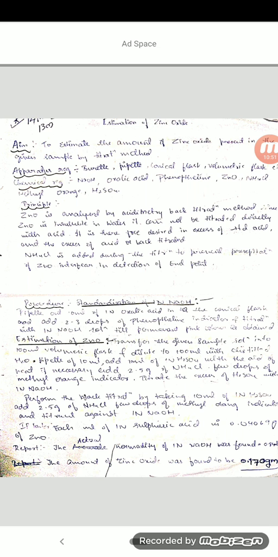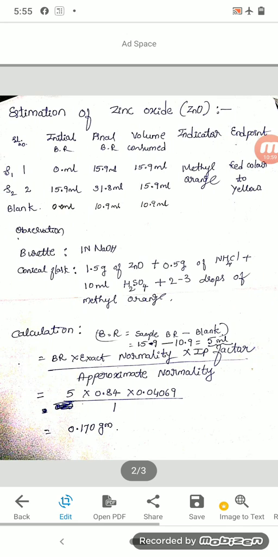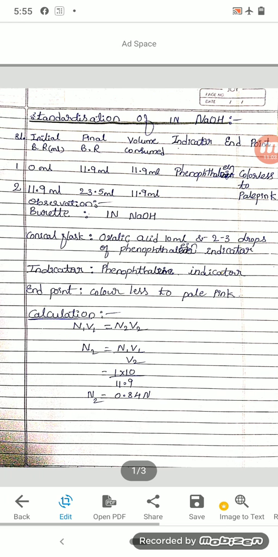You can notice this with the example, the estimation of zinc oxide. Before the calculation part, there is the standardization of 1N NaOH, whatever the regular process you have to follow and you used to perform.